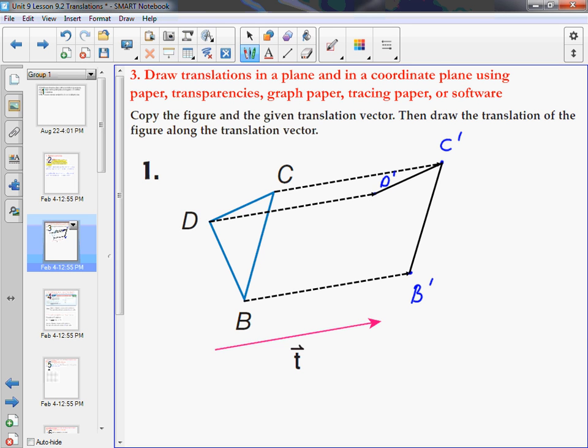So we use our straight edge or our shape recognition pen, whichever we happen to have handy, to make sure that we get straight edges. And there we go. So that is the translation of triangle BCD into triangle B prime, C prime, D prime using, and I didn't tell you this, but this notation is called vector T. Okay?